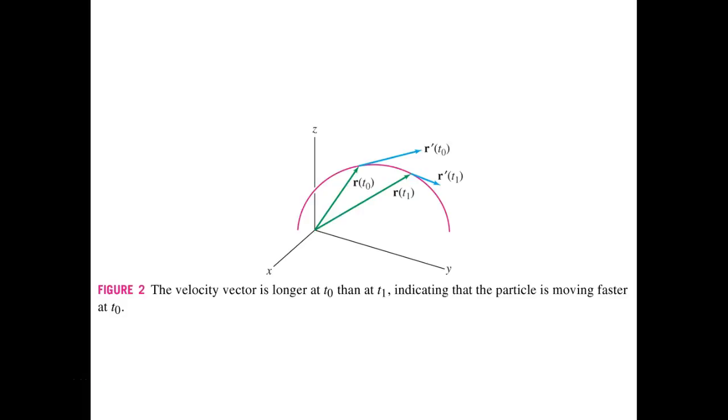Okay? That's the r prime at t0. Now, when you get down here at t1, you actually have a longer r, or at least in this perspective, it looks longer. This is three-dimensional, so it's sort of hard to say, but it looks like it is. It could just be getting closer to you. But that sort of makes sense because your speed was quite large here, so you expect your displacement to be increasing somehow there. Okay, not necessarily.